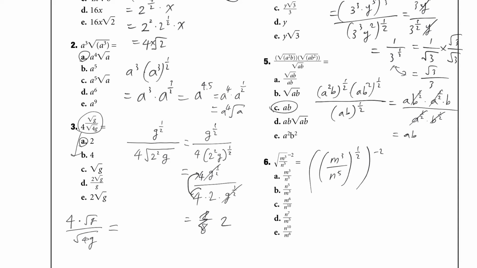And before I start multiplying, I can simply get rid of these. So it's m to the power of 3 over n to the power of 5 to the power of -1. And if it's -1, I can switch the top and the bottom, switch the denominator and the numerator. So it's n to the power of 5 over m to the power of 3. And the answer is B.